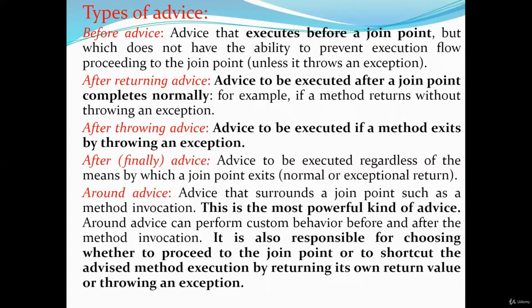See, around advice can use custom behavior before as well as after the join point. And it is so powerful that it can also check at runtime whether to execute the join point or not.